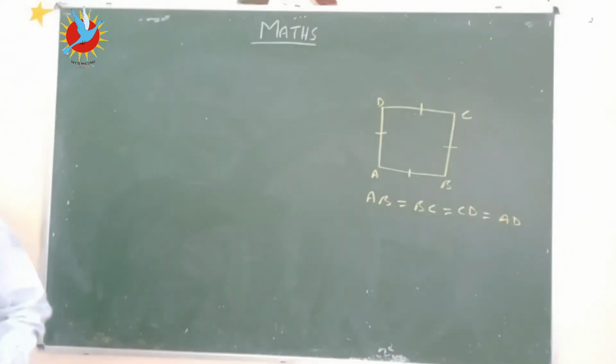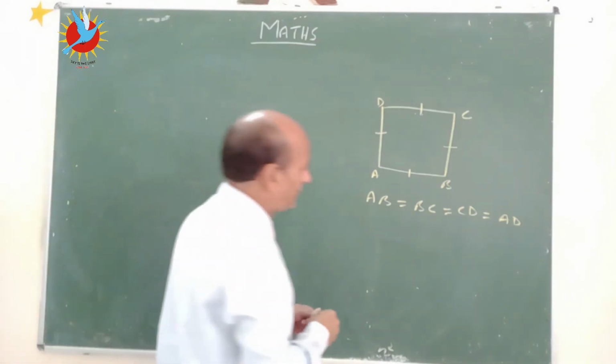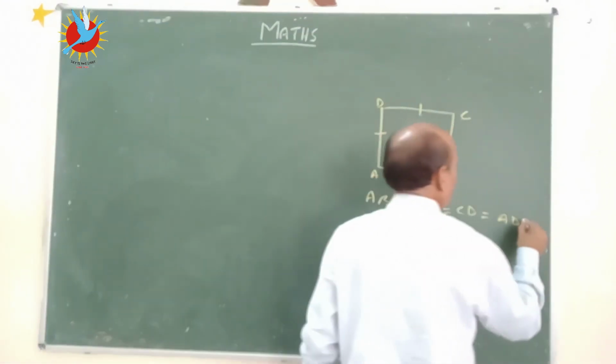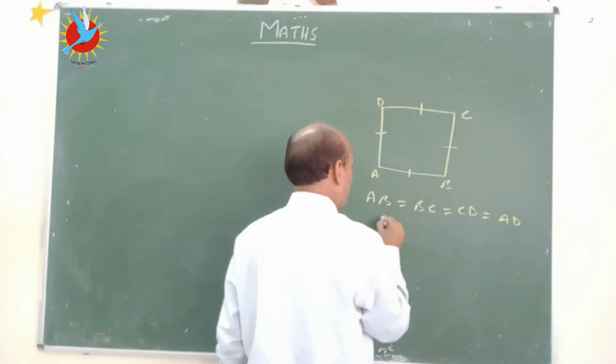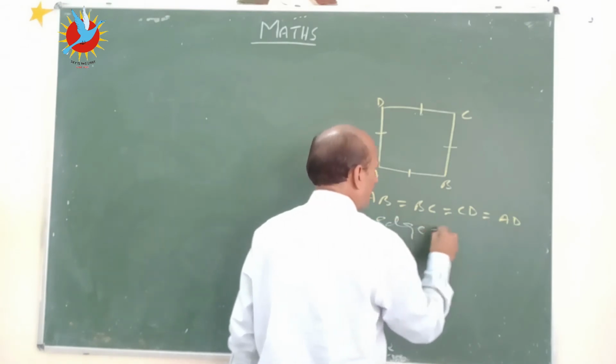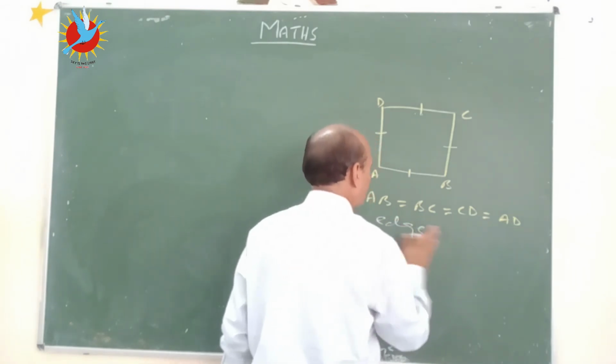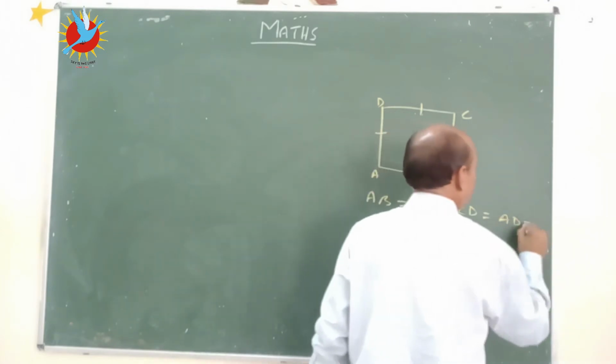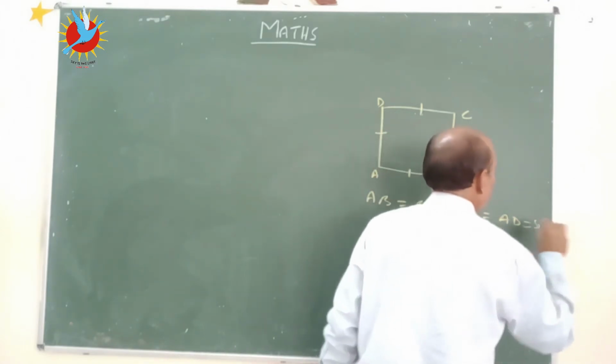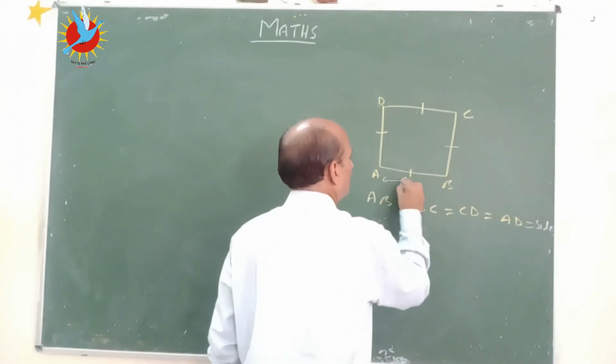Let us call these equal sides either side or edge. Sometimes the word edge or side is used, so let us take it as side.